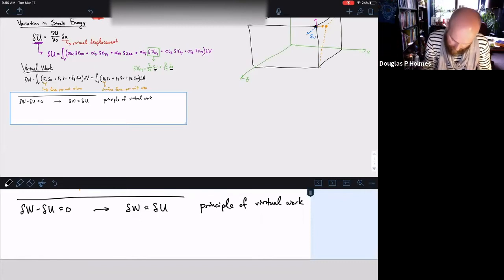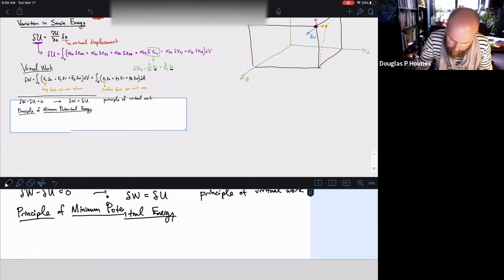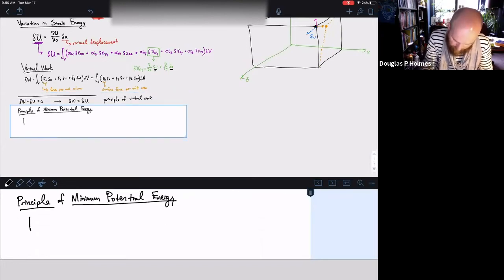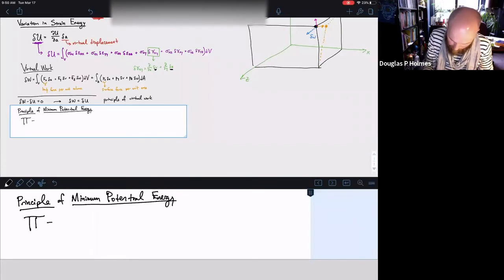Let me write that down. Usually the total potential energy is written with a capital pi. That's a super annoying variable choice, but it's not mine. Total potential energy is the strain energy minus the work.